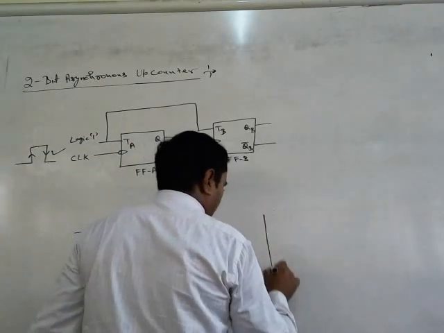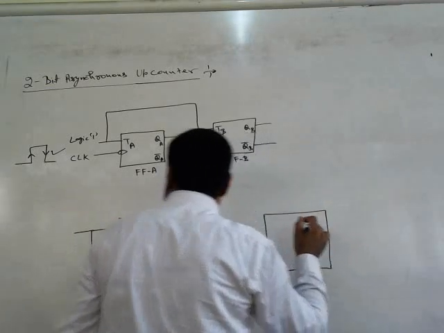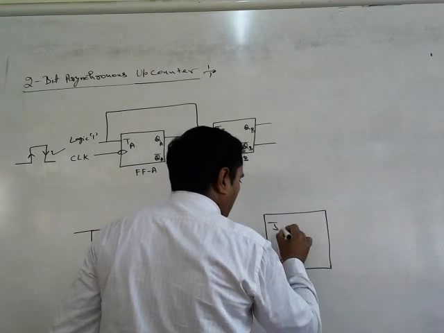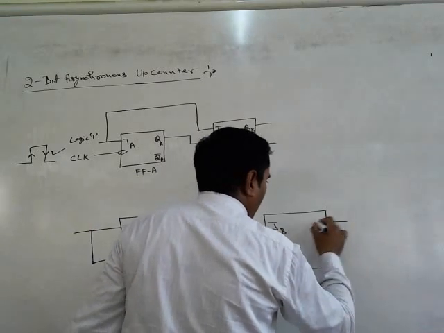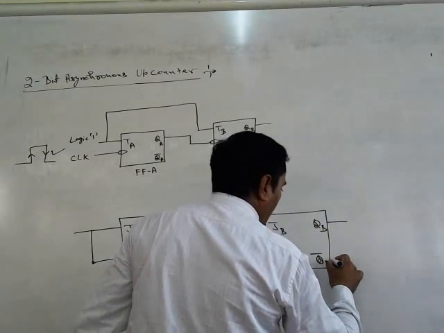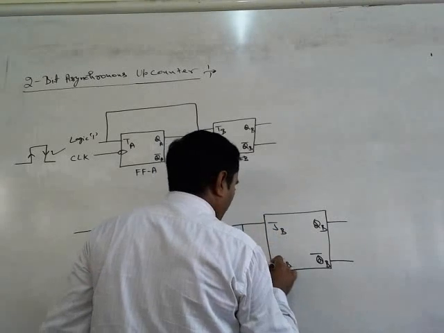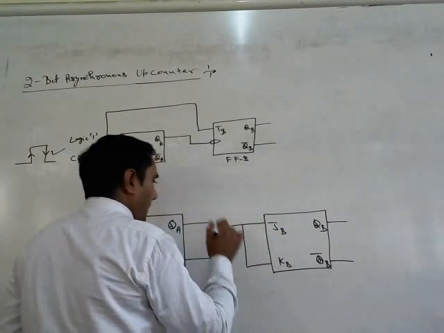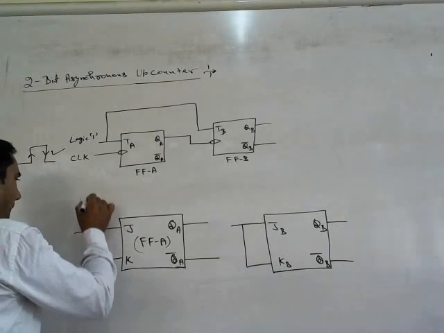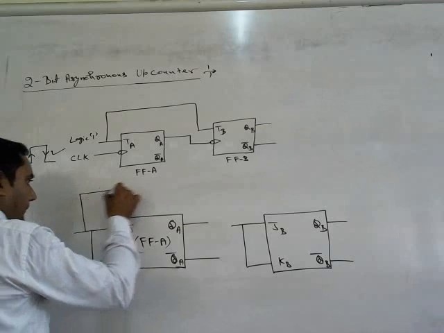Okay, this is FFA, and similarly the second flip-flop. QB outputs are QB and QB complement. Both the inputs JB and KB are shorted.